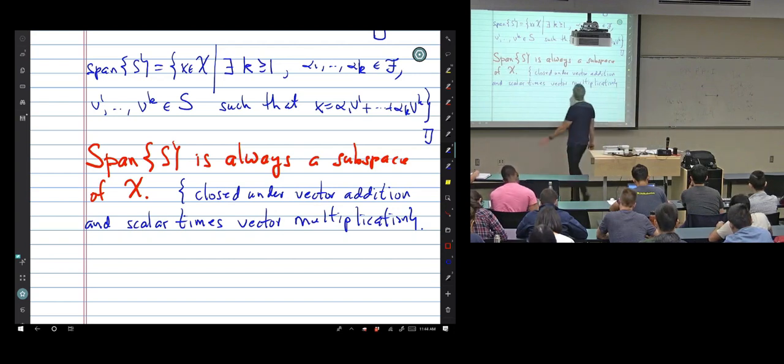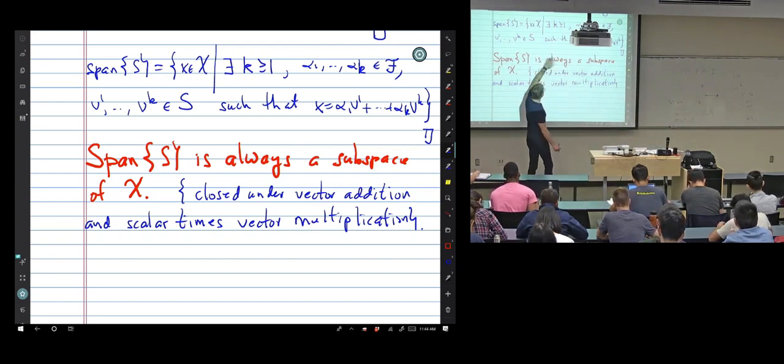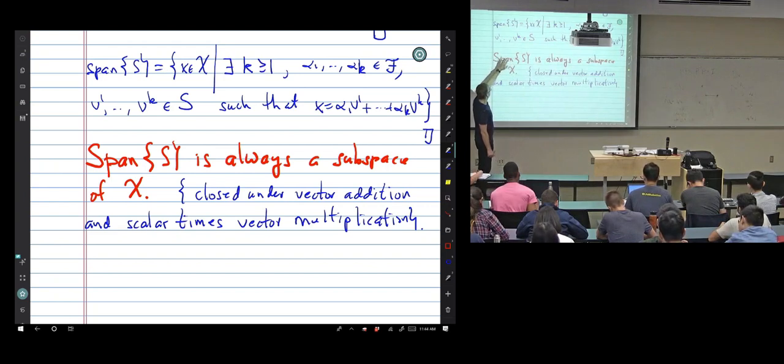Okay, so linear combinations are finite. Now I'm doing all possible linear combinations of elements of S, and that's the span.